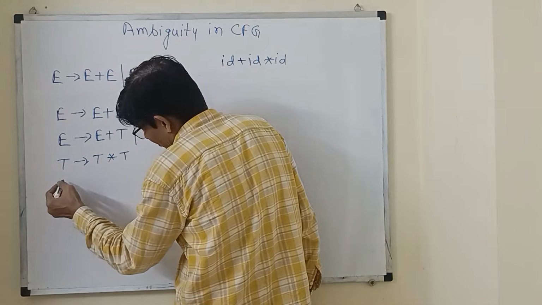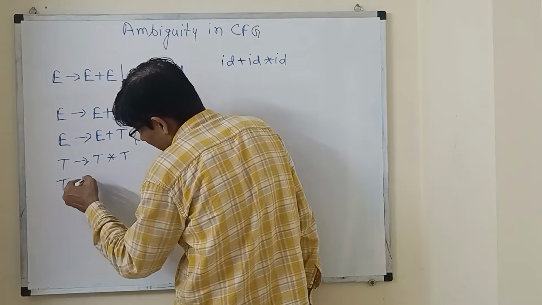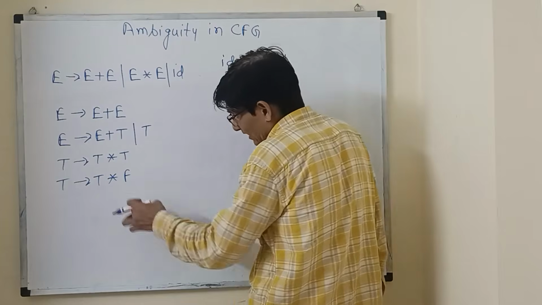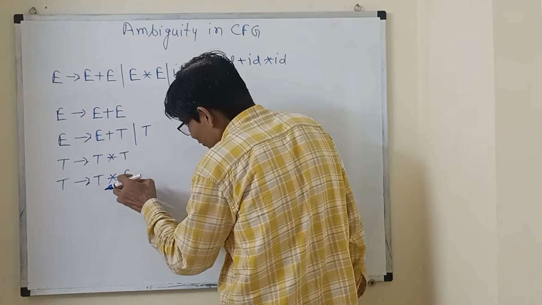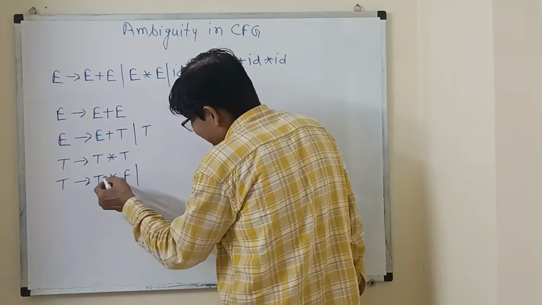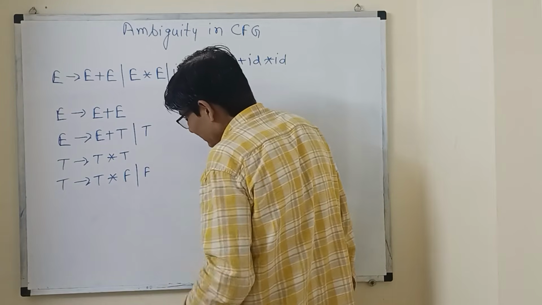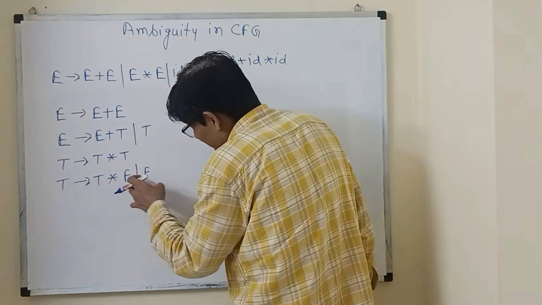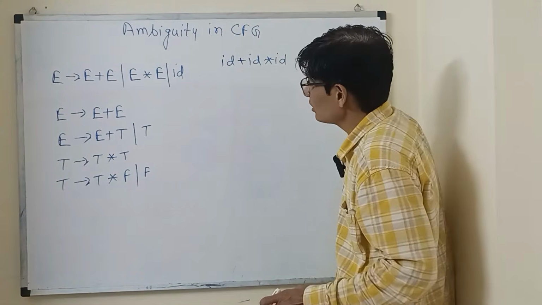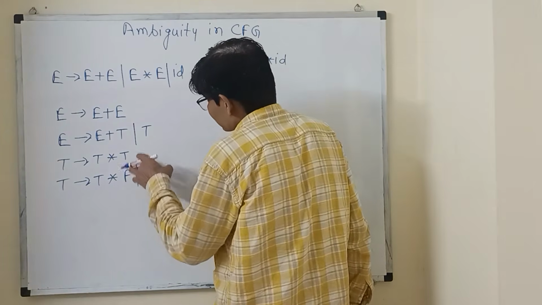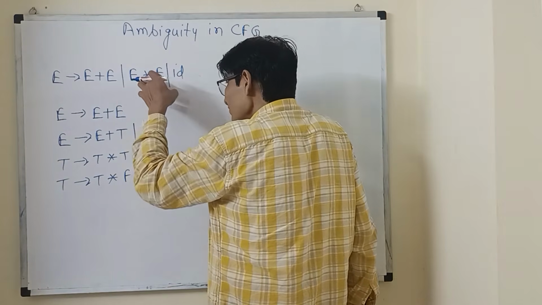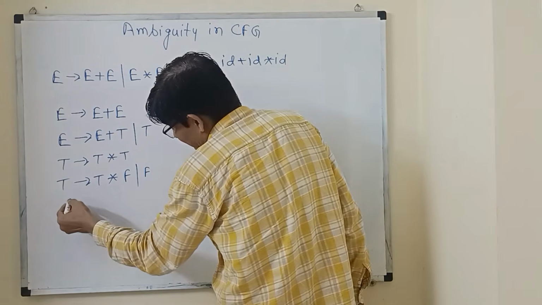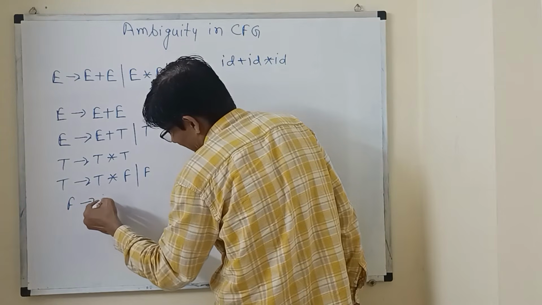So I can have another variable, F. And if I replace this T with F, there must be one production which directly generates F from T. So I have added one more production there, T gives F. Now, as we have replaced E with T, then T with F, I can write one more production here, F gives ID.